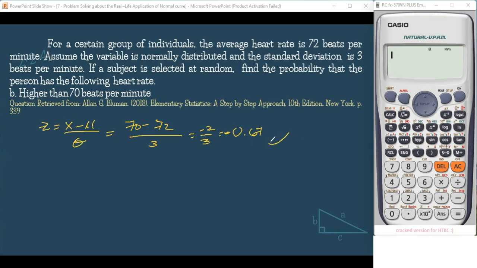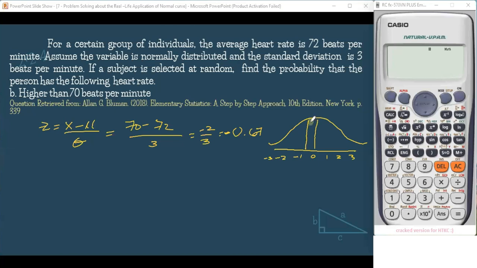So this is negative. So in our normal curve, for example, this is the normal curve: 0, 1, 2, 3, negative 1, negative 2, negative 3. So negative 0.67 lies somewhere here, because the numbers on the right, my dear students, are always higher than the left.